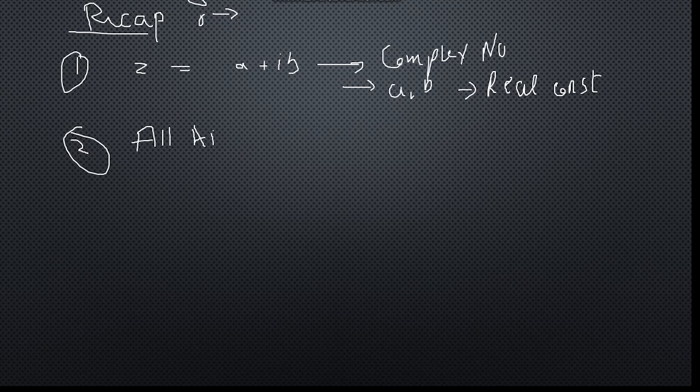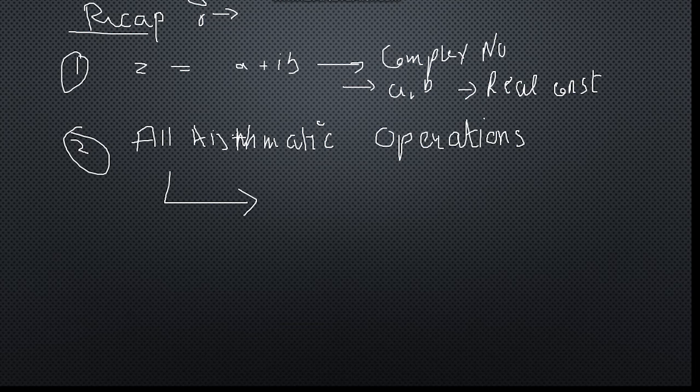Second, what we have discussed is all basic arithmetic operations of complex numbers will give a complex number as a result, which we have proved.